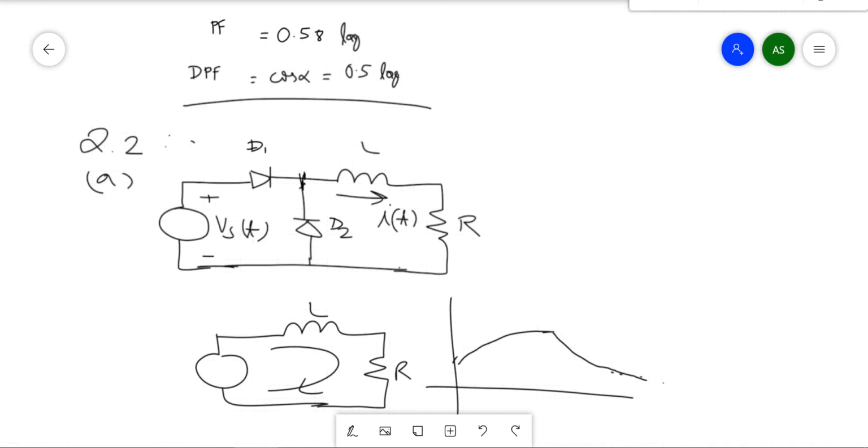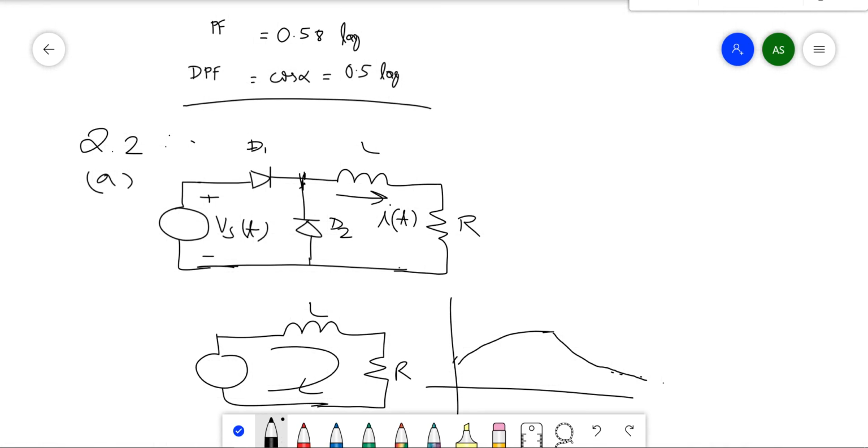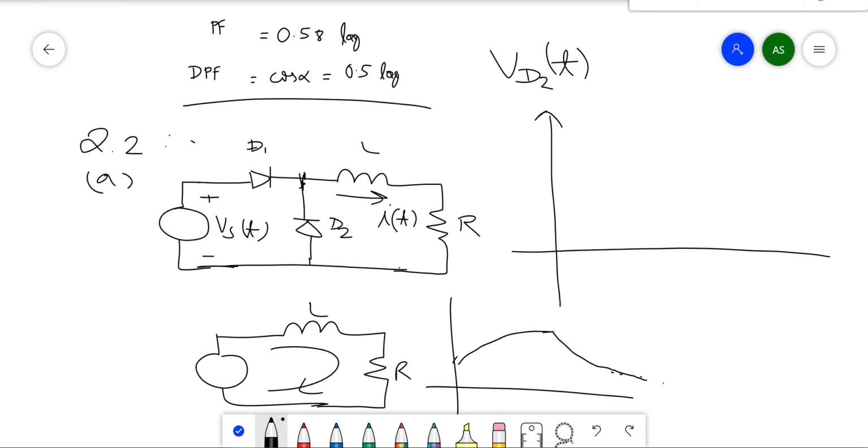So if you apply VST like that, what will be the voltage appearing across the diode D2? The voltage will be like this. We are plotting the voltage across D2. Where D1 is forward biased, the whole voltage 300 volt will appear here, and when D1 is reverse biased, D2 will get forward biased and this voltage will become 0.